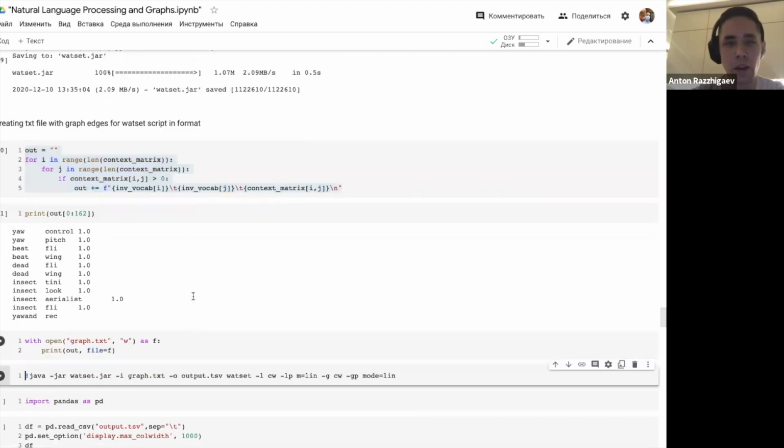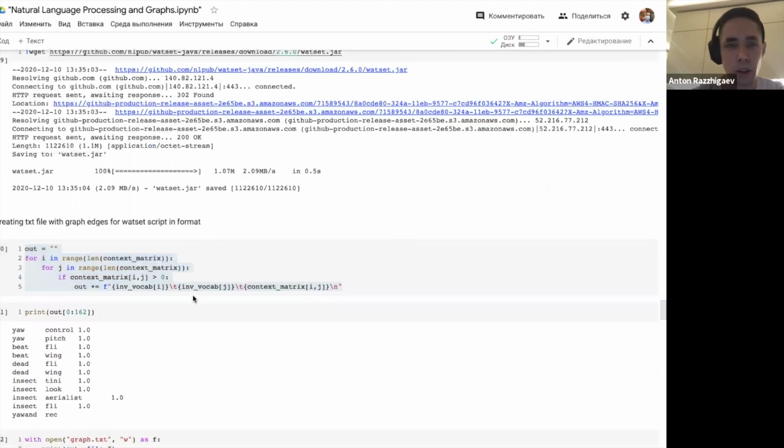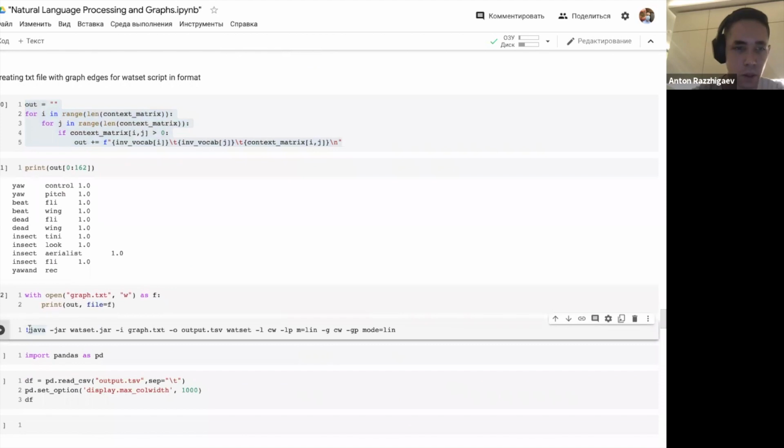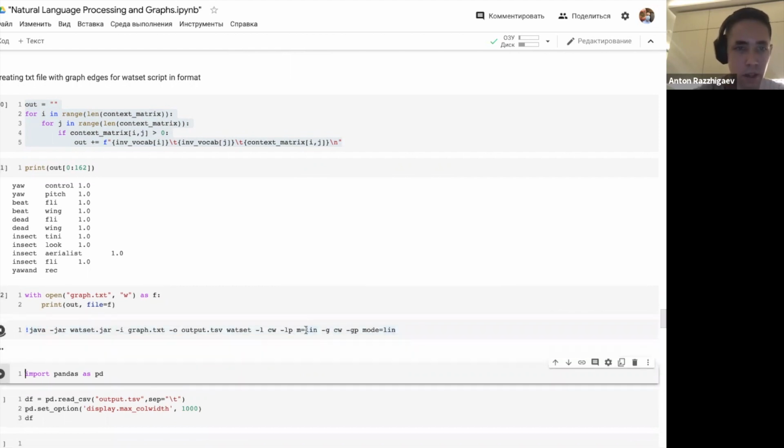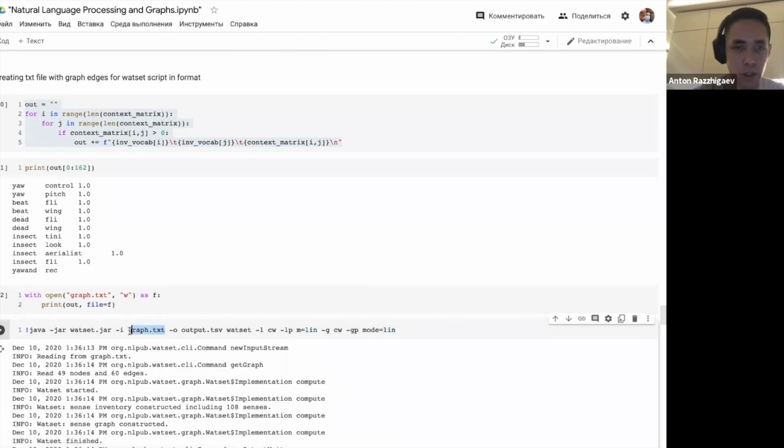Now we can apply the Watset algorithm with command line syntax. We use this sign to send this code to the command prompt. It takes as input our created file, graph.txt.